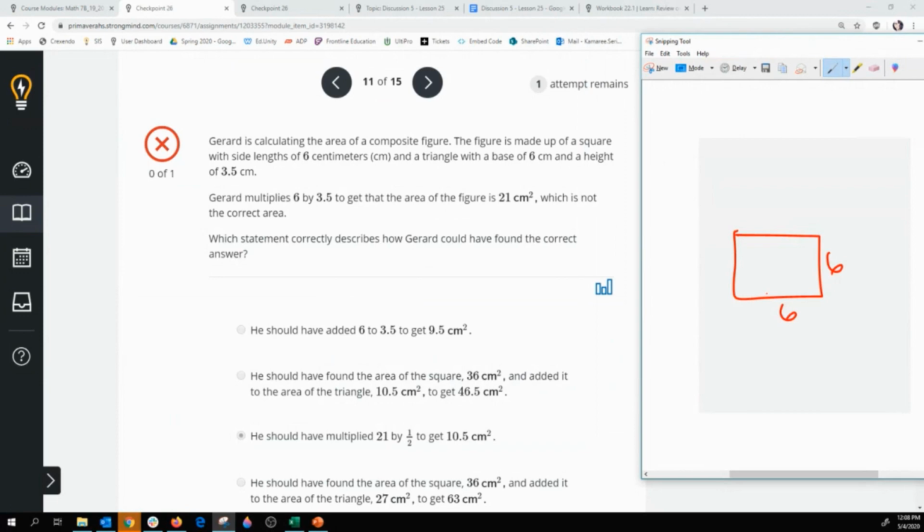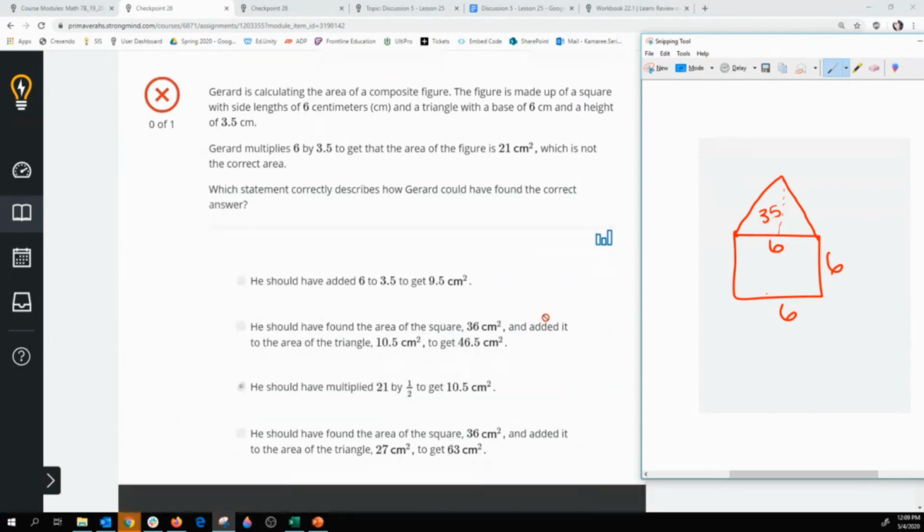And then it has a triangle with a base of 6 and a height of 3.5. So my base of my triangle is 6 and my height is going to be 3.5. And Girard multiplies 6 times 3.5 to get the area of the figure. And he says it's 21 centimeters, which is not the correct area. So we want to know, what should he have done instead to find the correct answer?